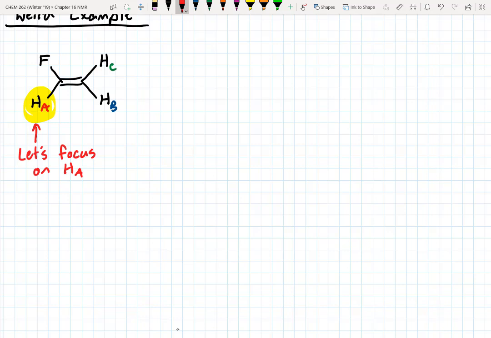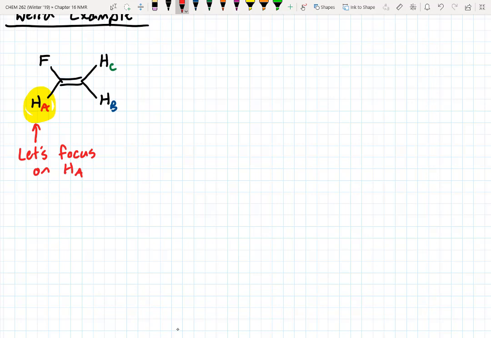Intuitively, when you look at HA, what should you infer that it would be split as? How many 3-bond neighbors does it have? 2. So we would naturally assume this should be a triplet. The reality is the physics aren't that easy, right? In this case, if HC and HB were equivalent, then yes, it would be a triplet.